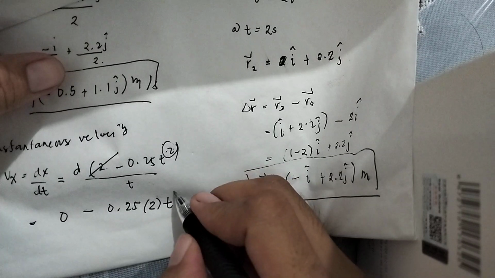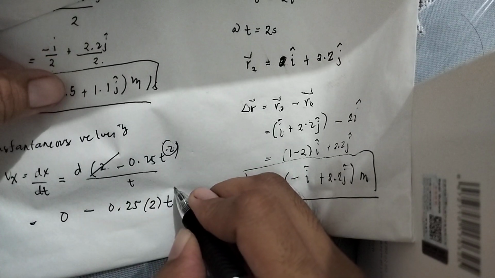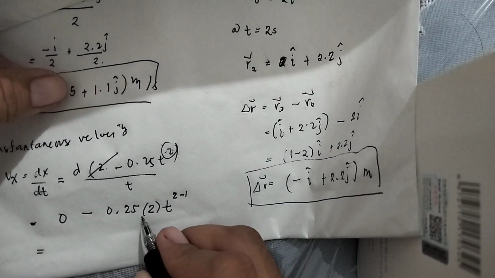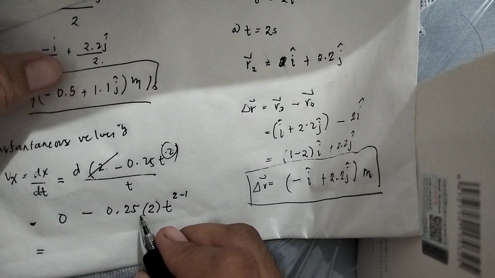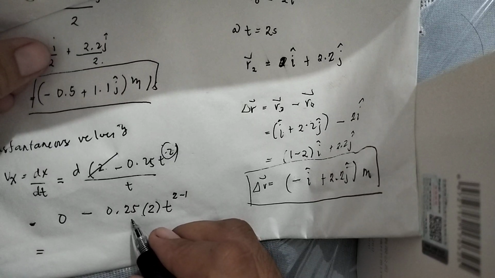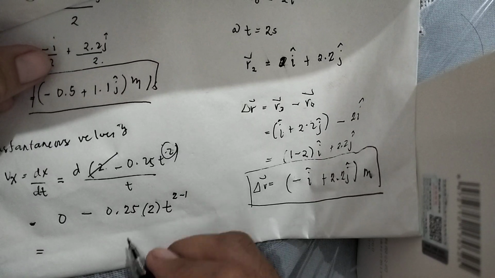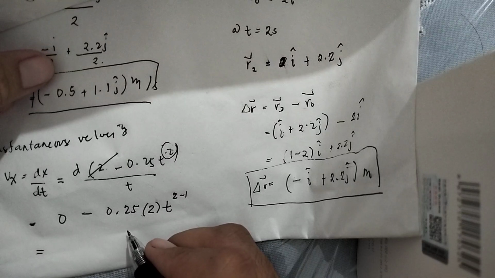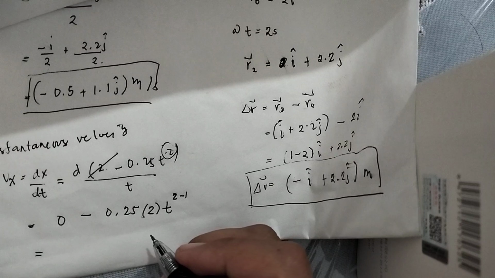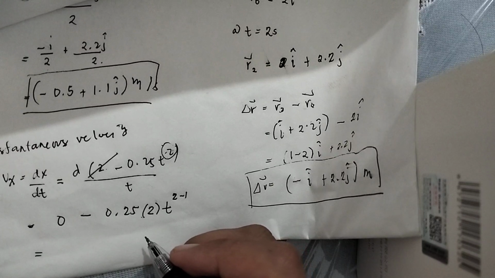Always subtract 1 from the exponent. So, negative 0.25 times 2 is negative 0.5.